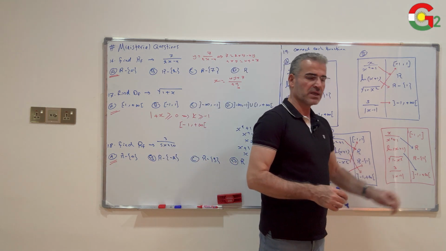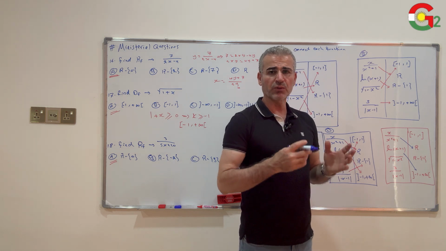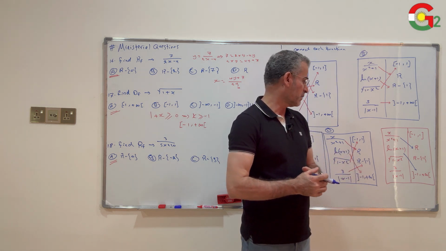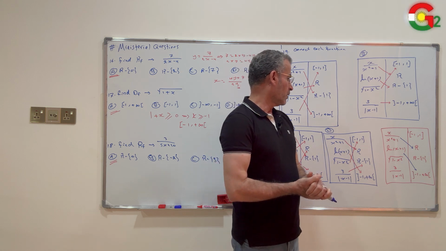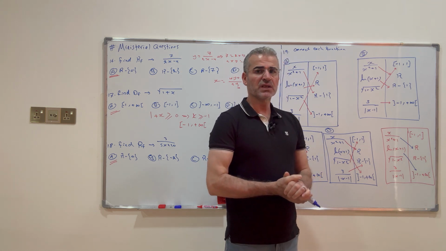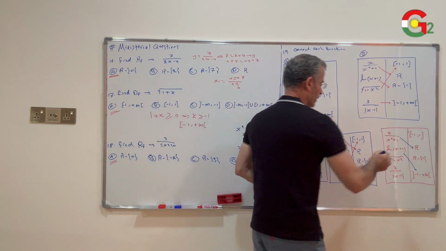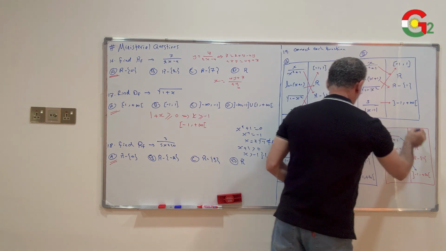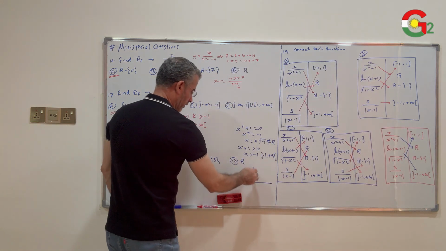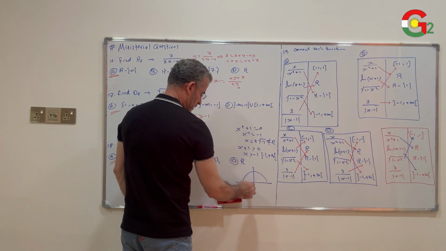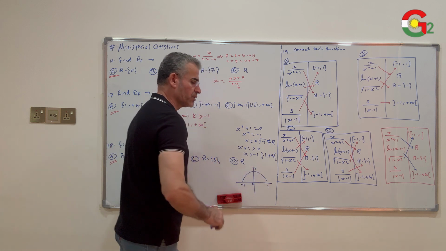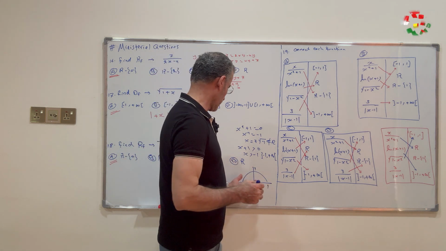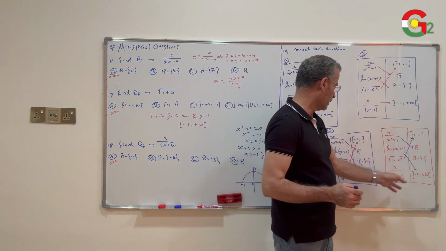Square root of 1 minus x power 2, a constant minus x power 2, the domain of this function is negative 1 to 1, because the graph of this function is a half circle from negative 1 to 1, and the range of it is 0 to 1. Then the domain is negative 1 to 1.